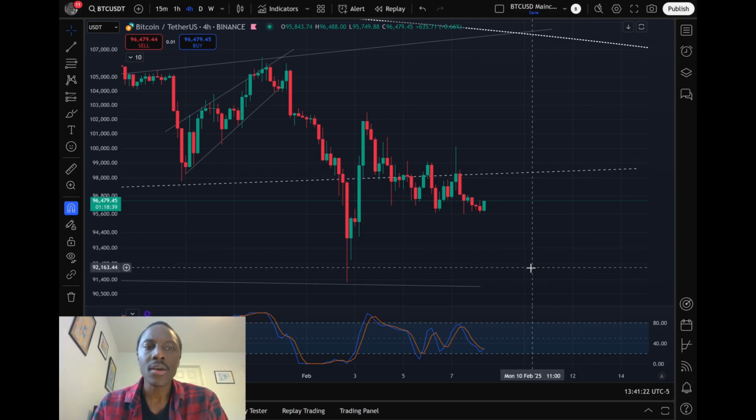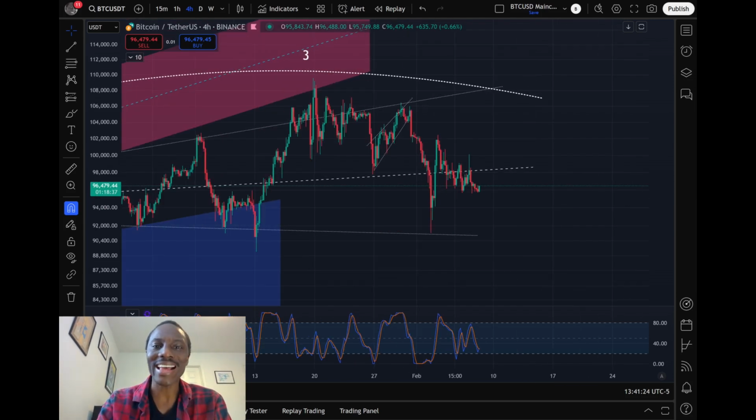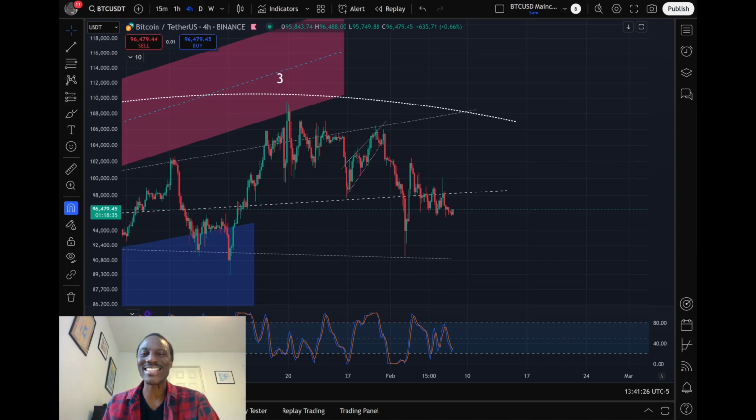We're in what is likely an ABC zigzag. It is one of three corrective patterns as we understand there to be in Elliott wave analysis. You have flat corrections, you have zigzag corrections, this is a zigzag, and you have triangles. What is a zigzag?